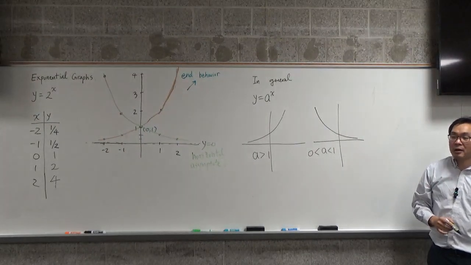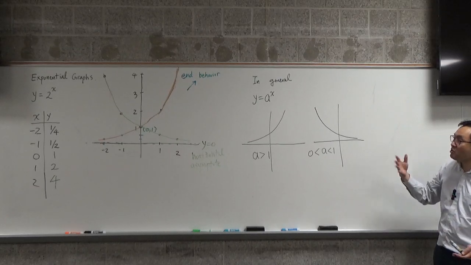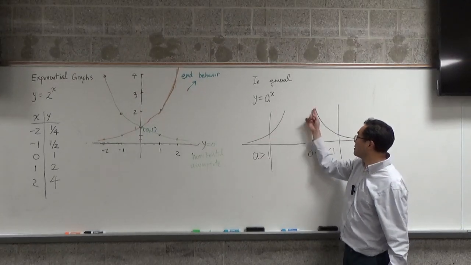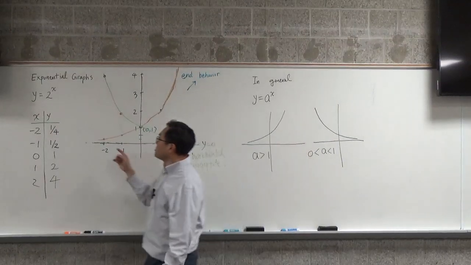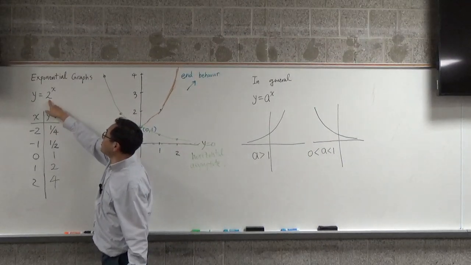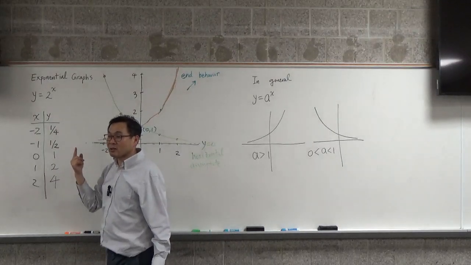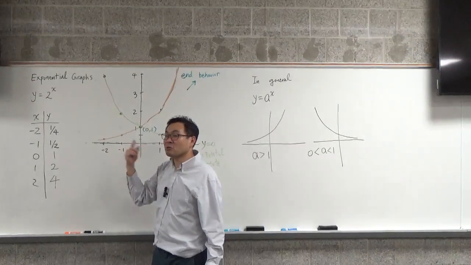Now, I don't want to stop here, but have some more understanding of why, if a is greater than 1, it should be like that, and if a is less than 1, it should be like this. Okay. So think about what this is doing. You're multiplying by 2 every time x increases by 1, right? So when x is 1, you get 2. When x is 2, you double that, it's 4.